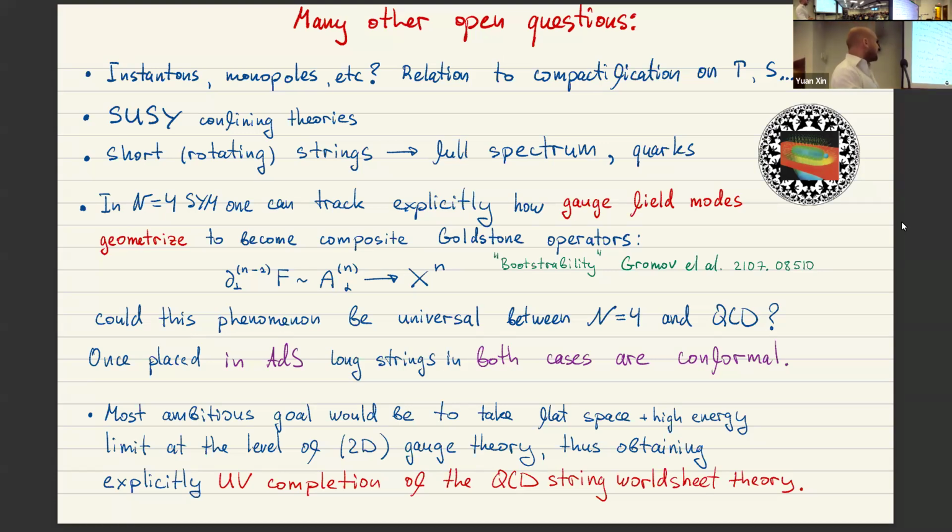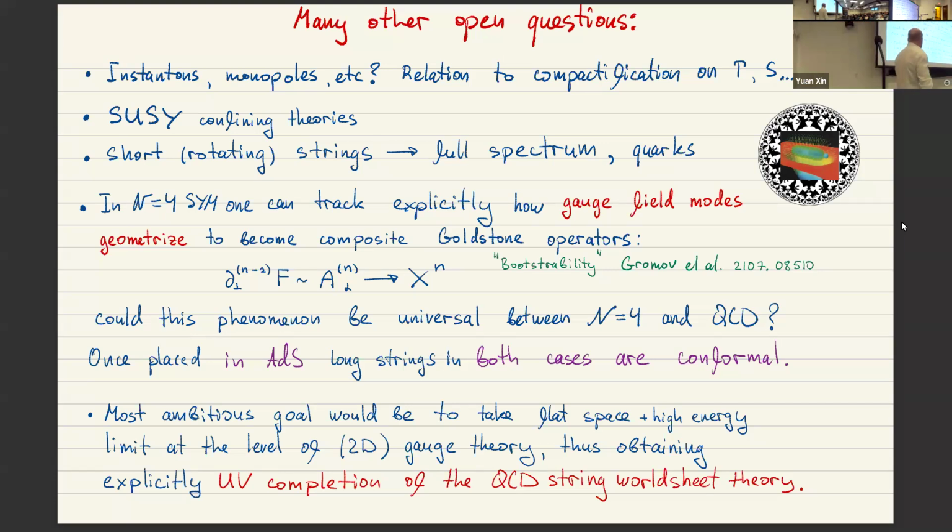And I think that this phenomenon, even though strongly coupled, is universal for things like N=4 super Yang-Mills and QCD and pretty much any gauge theory. And I remind you that once placed in AdS, long strings in both cases correspond to conformal defects. So the kinematics becomes very similar for confining and for conformal theories.